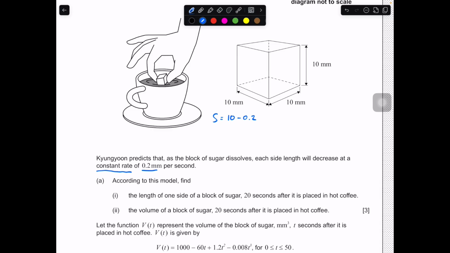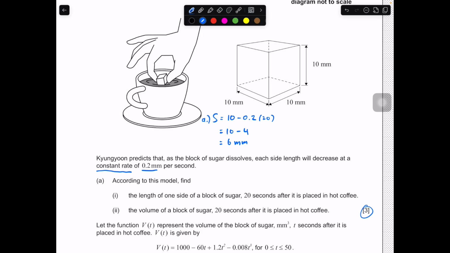And so after 20 seconds, we'll have taken away 0.2 twenty times. In this case, we'll be left with 10 minus 0.2 times 20, which is 4, and we're going to have a side length of 6 millimeters. Okay, so remember there's 3 marks here for a 2-part question, so they're expecting to see some method somewhere. So here's part A.